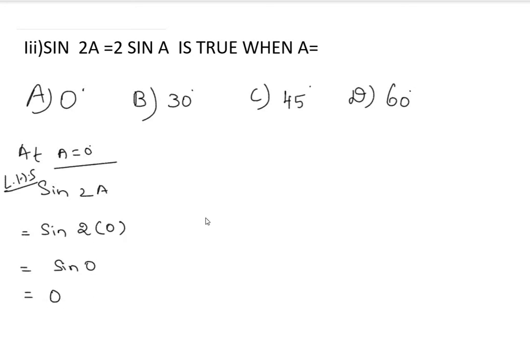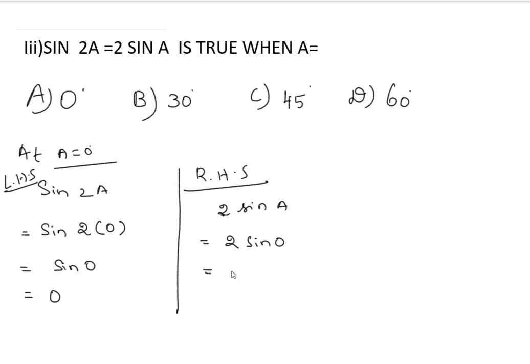Sine 0 is 0. Now I'm taking RHS, 2 sine a. So 2 into sine 0. What is sine 0 actually? The value of sine 0 is 0. So 2 zeros are 0.